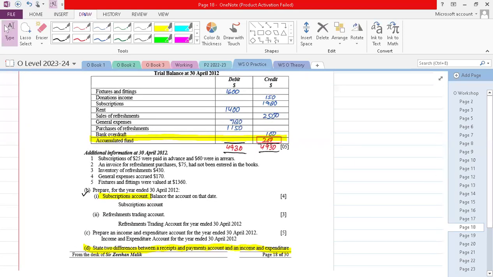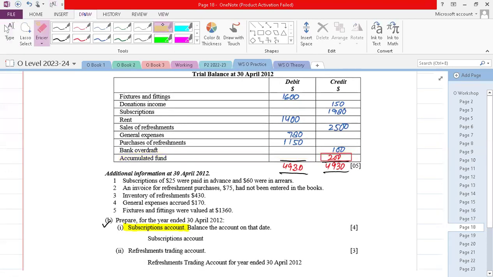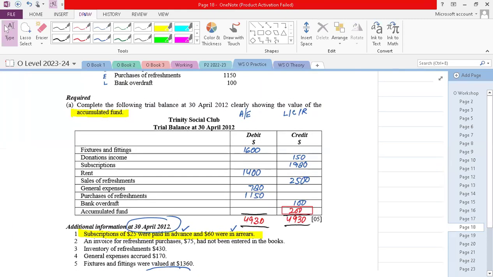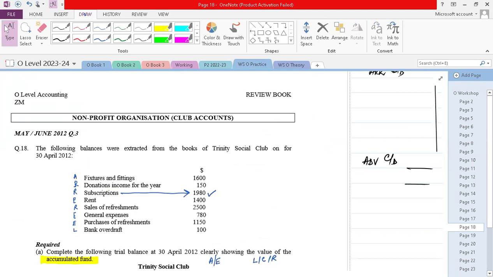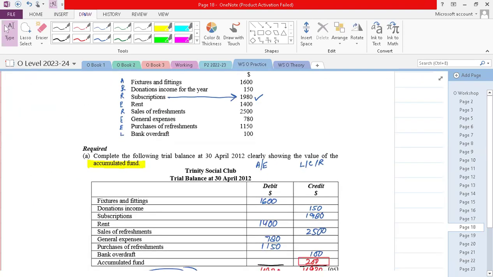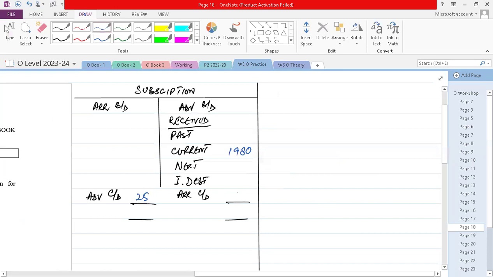Now the adjustments relevant to subscription: subscription of 25 was paid in advance and 60 is arrear at the end of the year. 25 is advance and 60 is the arrear.